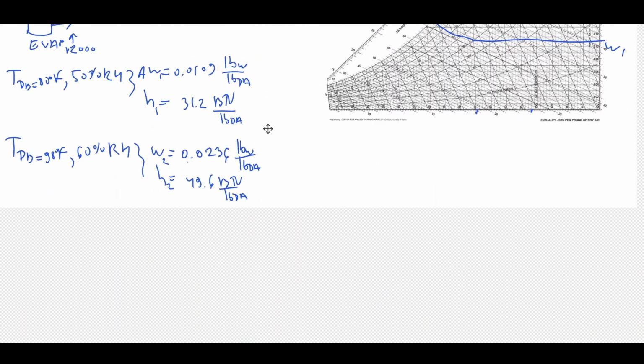Now we can calculate conditions on our cooling tower. So in order to find total heat, you type in heat gain calculation, and this gives us a formula of Q total equals 60 multiplied by 0.075 multiplied by Qs, which is CFM, multiplied by delta H, which is change in enthalpy.